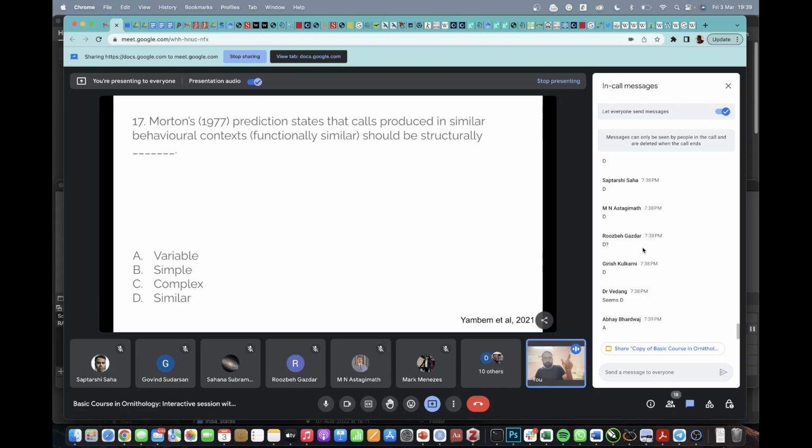The structure of the vocalization would mean, is it a high frequency? Is it a low frequency? Is it a call or a song with a very high bandwidth? Those are the structure. That is what the structure of a call means.